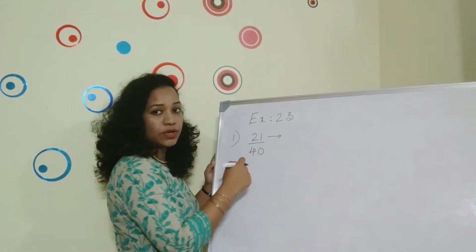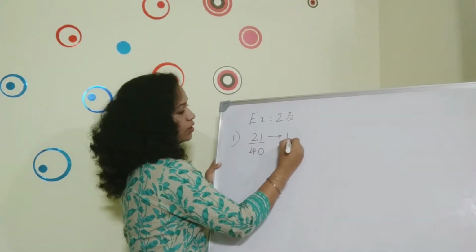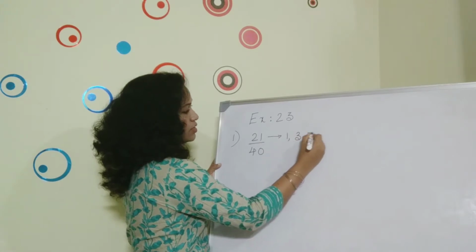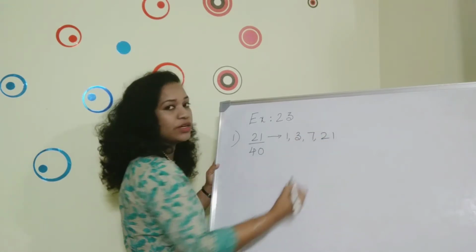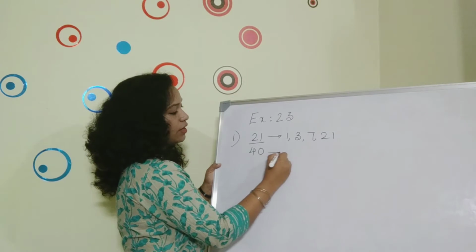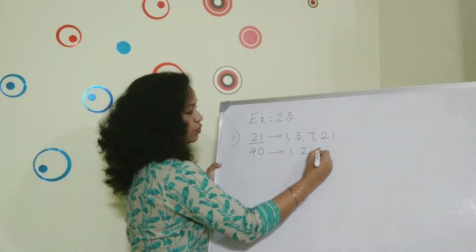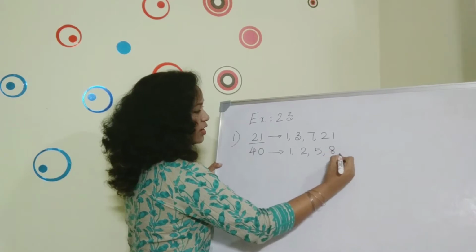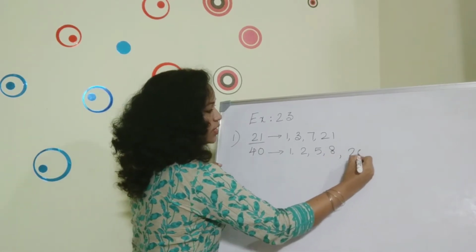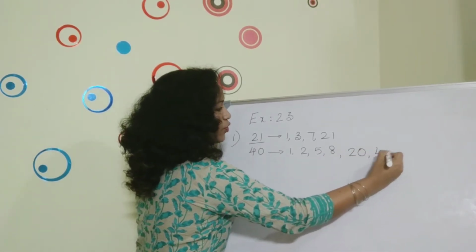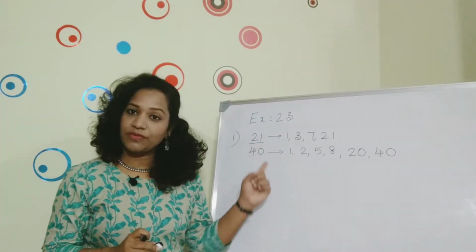Factors of 21 are 1, 3, 7 and 21. Factors of 40 are 1, 2, 5, 8, 20 and 40. What are the common factors here?